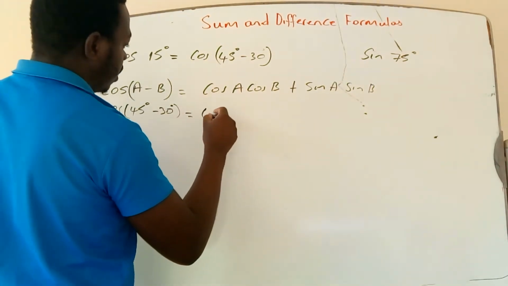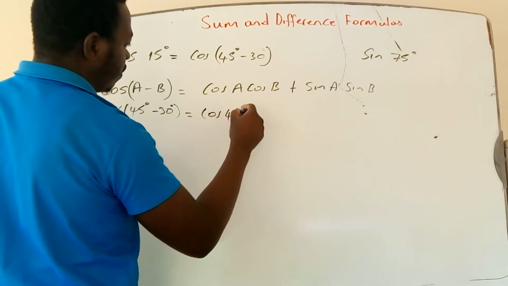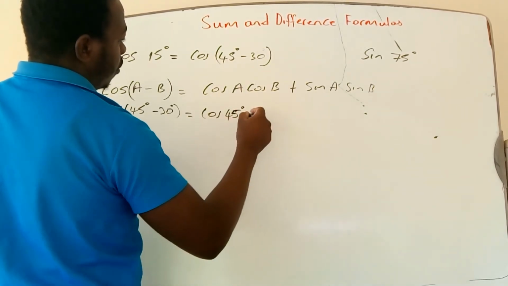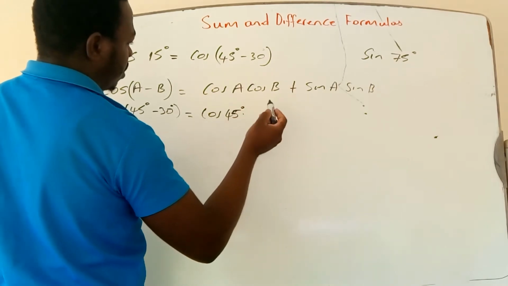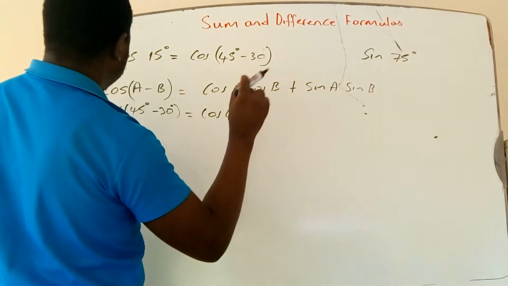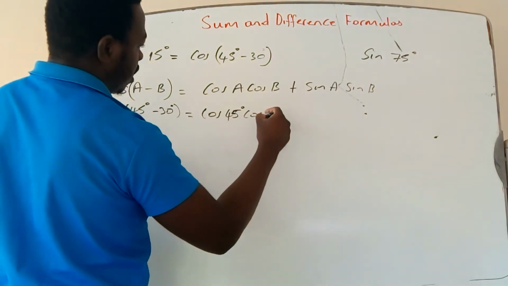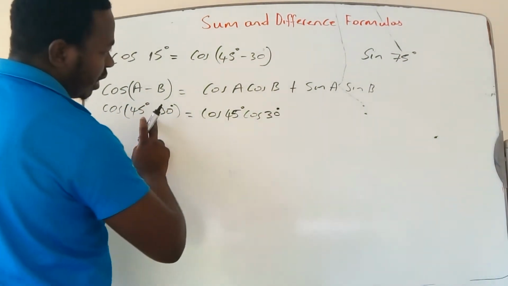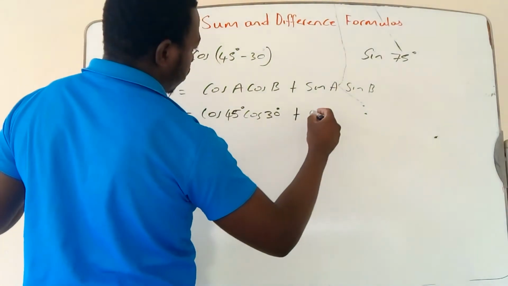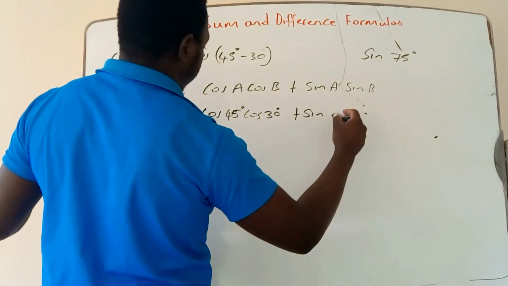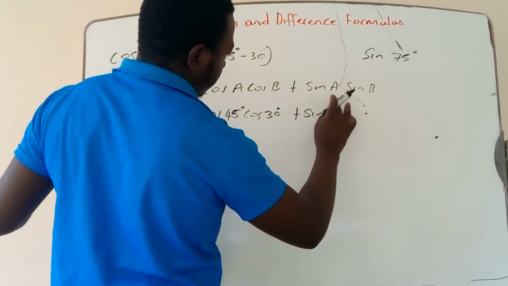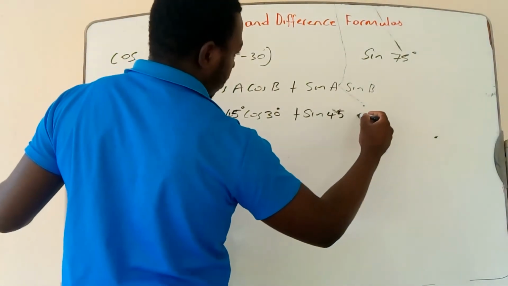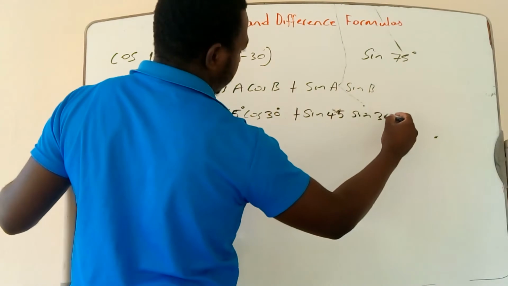This is just cos of 45 degrees, right, multiplied by, and here you can just put a dot, or you can just write it without it. So cos of 30 degrees, right, because this is minus, this is plus, so this is sine of 45 degrees times sine of 30 degrees.